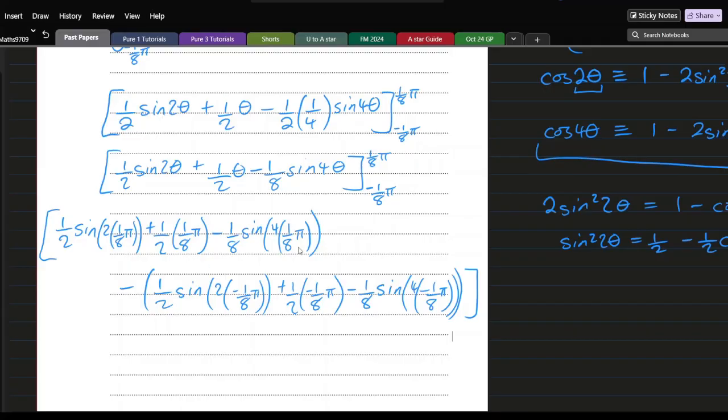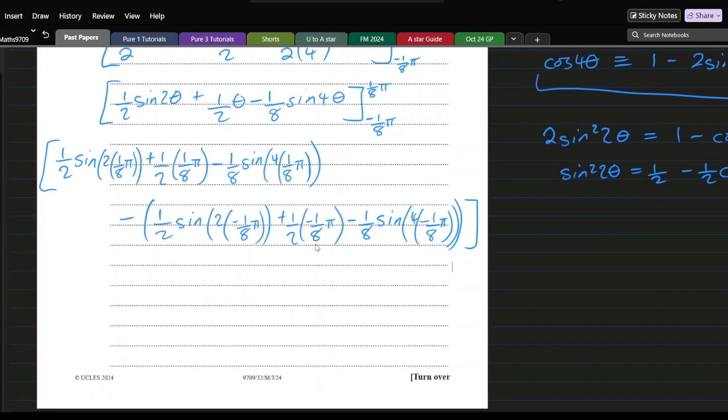And now let's simplify. So we'll start with the upper limit. We'll start with this bit over here. So let's punch that into the calculator. That's 1 over 2 sine 1 over 4 pi. That gives us root 2 over 4.